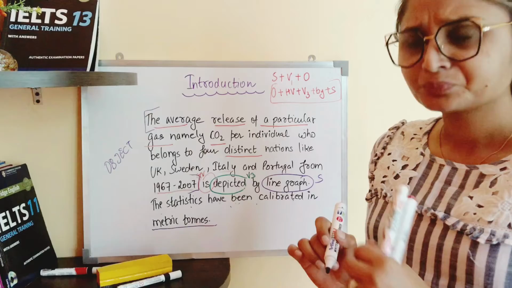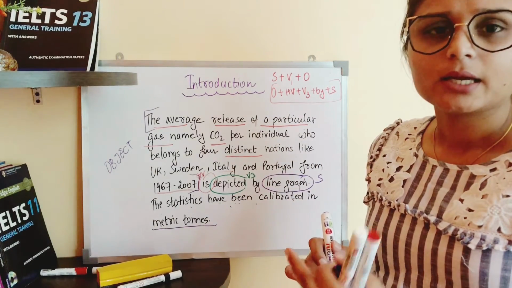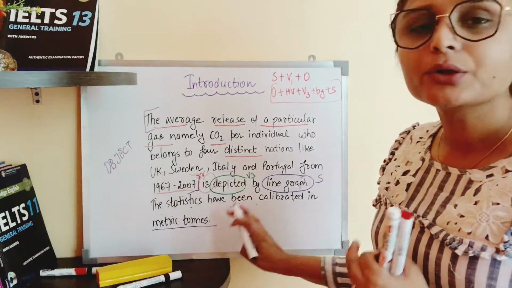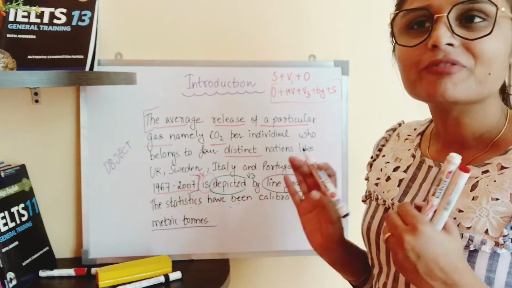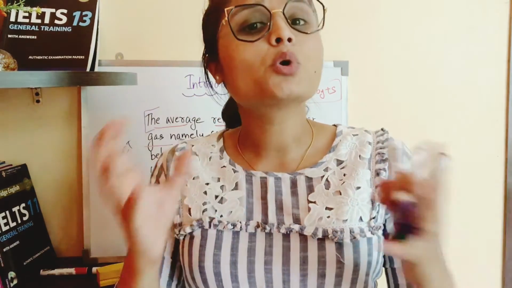It means whatever there would be in the vertical left side would be our units. So whenever you are writing your introduction, try to focus on the statement as well as the picture, because it is important to consider both of them.